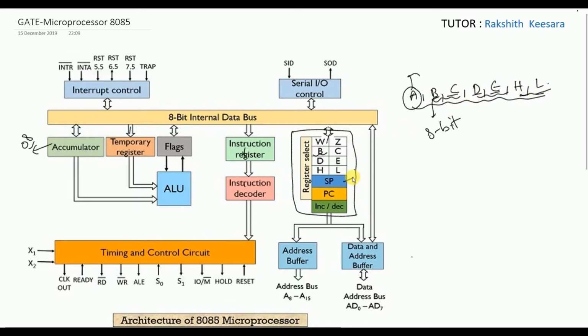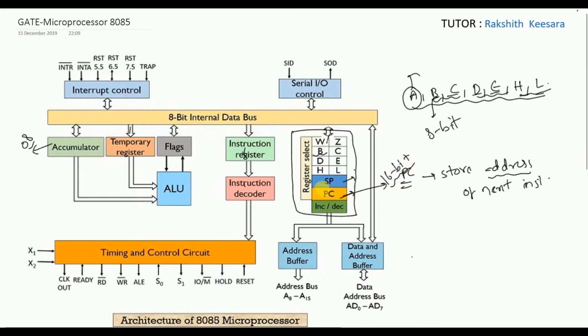If you see the stack pointer and program counter, the function of the program counter is to store the address of the next instruction. Since it is storing an address, the program counter is 16-bit.